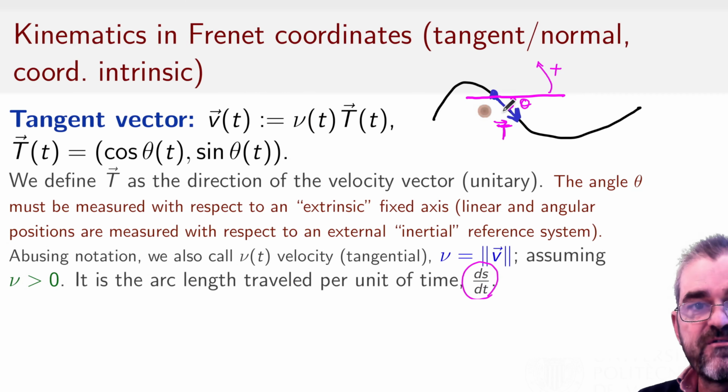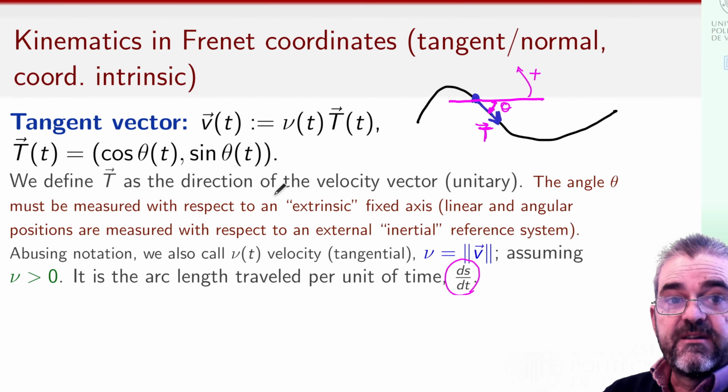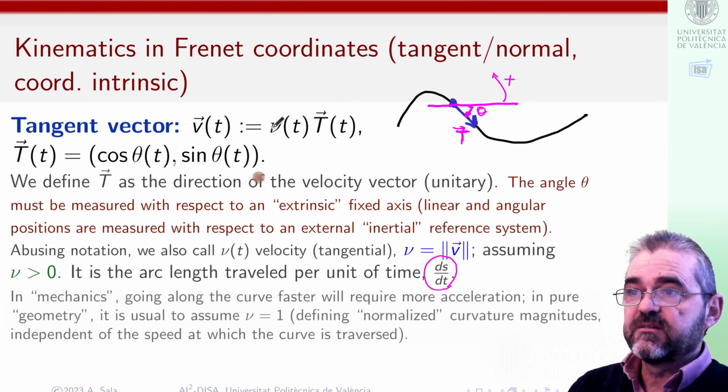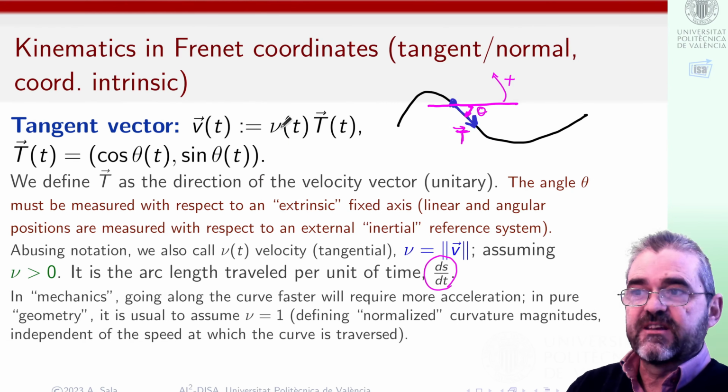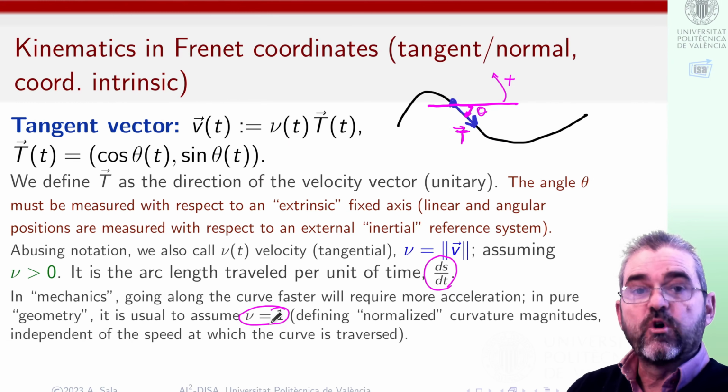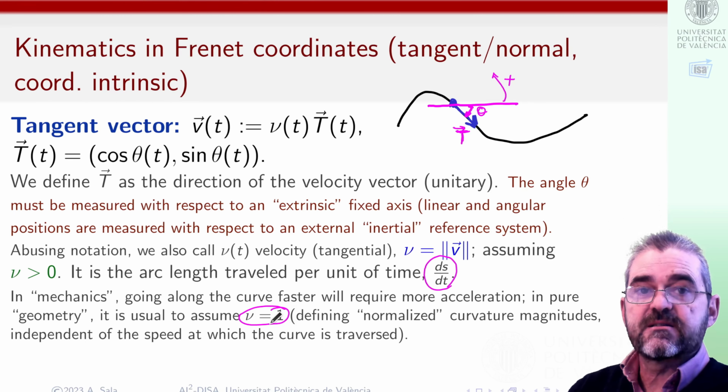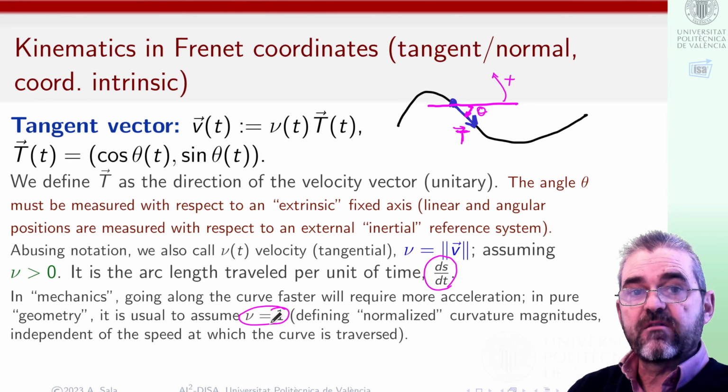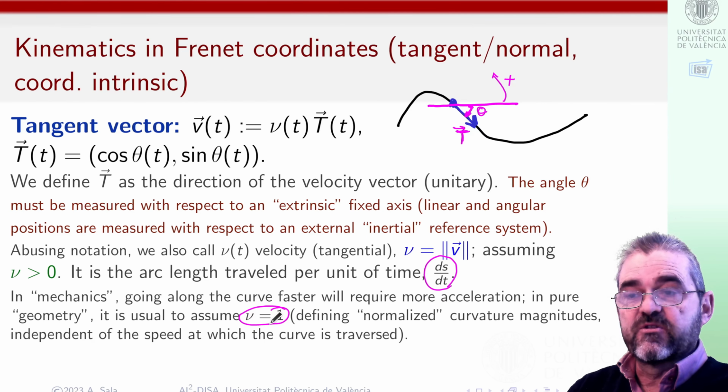We will not consider maneuvers in which this T vector suddenly changes direction, in order for everything to be smooth and to be able to give differential equations. Also, in pure geometry of curves, usually it is assumed that the speed is unity when defining some normalized curvature and other geometric magnitudes independent of the speed at which the curve is traversed, in the sense that there is something about how this curve bends, and the accelerations and forces needed to actually follow this path will depend on the speed at which we are negotiating that curve.